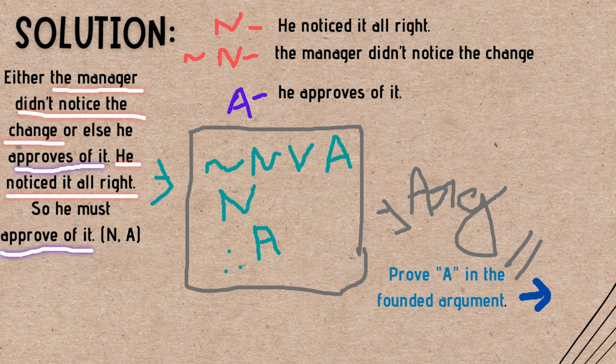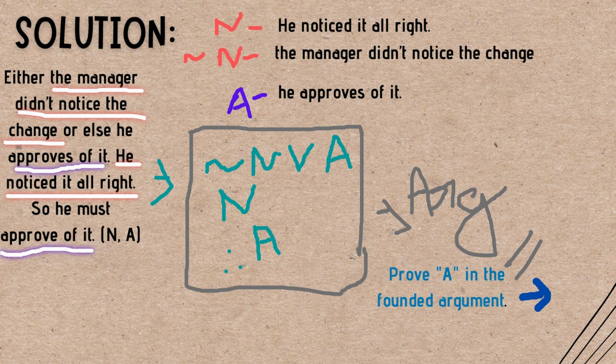The first statement is completed. Now the second statement is he noticed it all right, so the second premise is n. The conclusion, he must approve of it, is a.